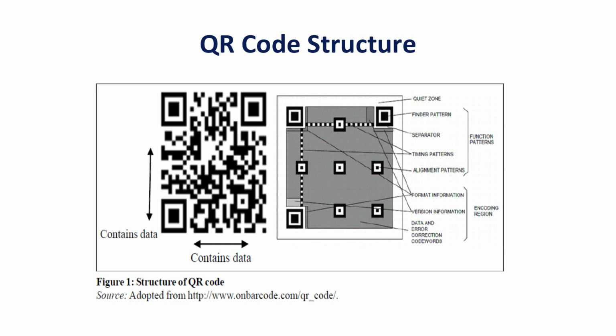The version and format information helps in error correction and data restoration when the code is distorted. It is located next to the separators and is read first by the scanner while decoding. So, this is the structure of the QR code, the basic structure common to any type of QR code.